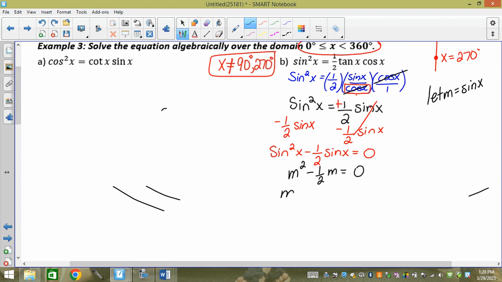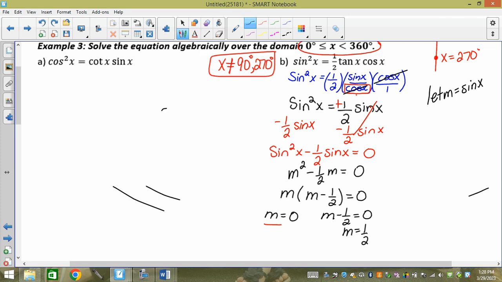So I take an m out, and I'm left with m minus 1/2 equals 0, right? Nothing crazy. Just take out the GCF. Fractions make you guys twitch a little. But trust me, don't let it throw you off. It's just a GCF. And so I get m equals 0, and m minus 1/2 equals 0. m equals 1/2.